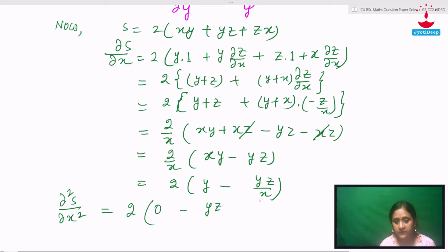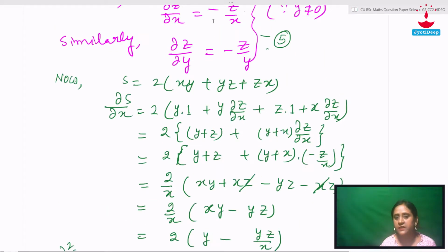Differentiation of 1 upon x is minus of 1 by x square, so it will become plus, and here we can write x square, minus, again we are writing minus y by x into differentiation of z, that is del z by del x. Okay, again we are going to use del z by del x is equal to minus z by x from here.